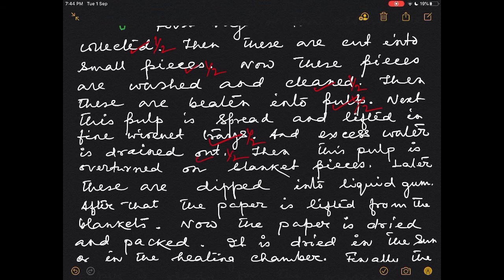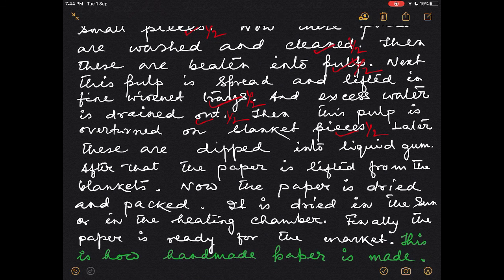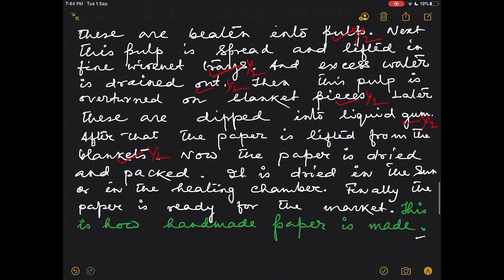Then this pulp is overturned on a blanket pieces, it is also right, half. Later these are dipped into liquid gum, half. And after that the paper is lifted from the blankets, half. Now the paper is dried and packed, it is half. And next it is dried in the sun or in the heating chamber, for this also half.